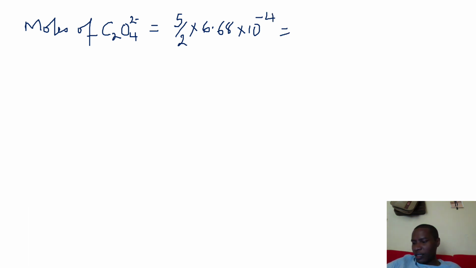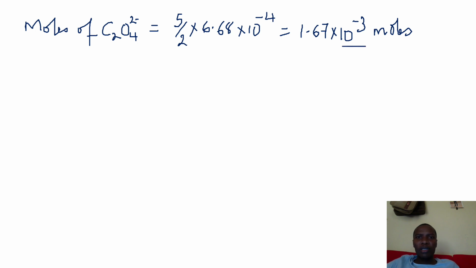And this is going to be giving us a good value. Now let me see, I'll try to manipulate quickly. This one gives us 1.67, if I'm not mistaken, times 10 to the power negative 3 moles.